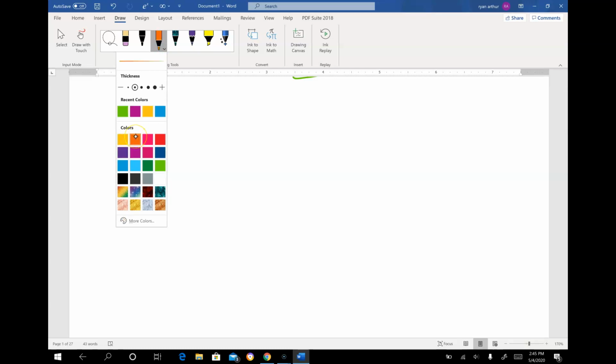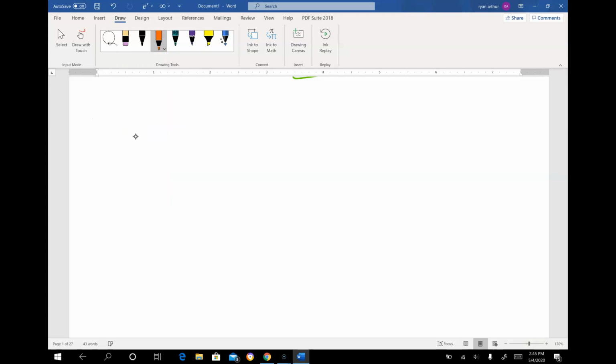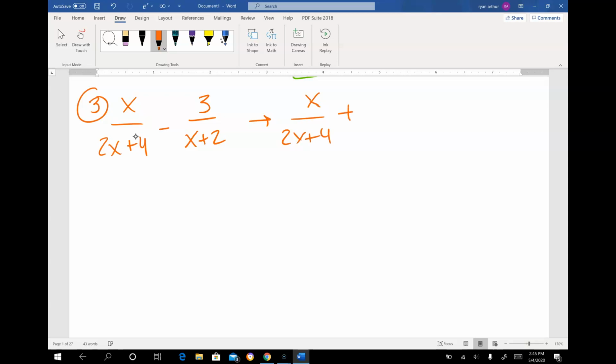Number 3. Okay, my number 3 is going to be x over 2x plus 4 minus 3 over x plus 2. Alright, so first things first, keep, change. So when I keep, change, I'm going to have x over 2x plus 4 plus negative 3.